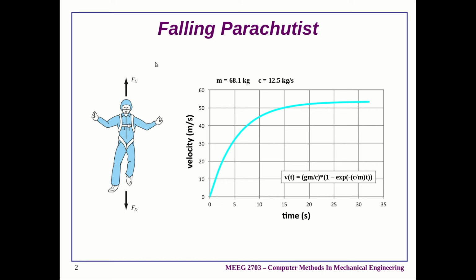If we give him or her a mass of 68.1 kilograms and a drag coefficient of 12.5 kilograms per second, we can see that he approaches some terminal velocity, around 53.44 meters per second. You can figure that out by taking the limit of that solution as time approaches infinity. Alright, so we've solved our mathematical model. Hooray, and we've used calculus.